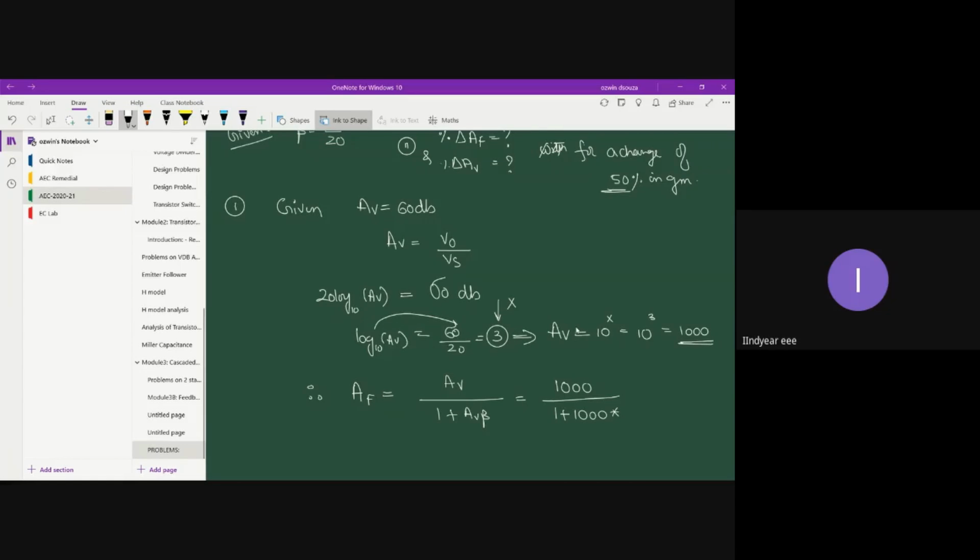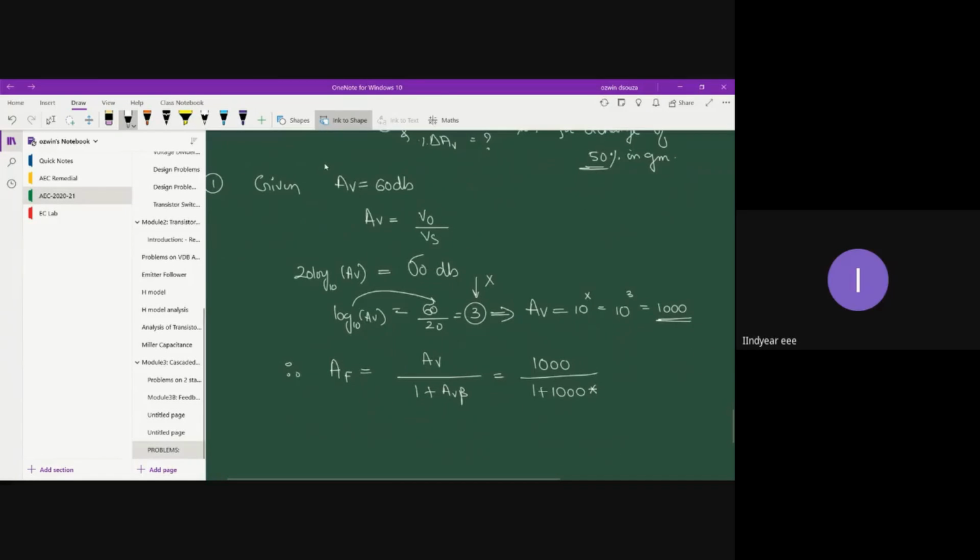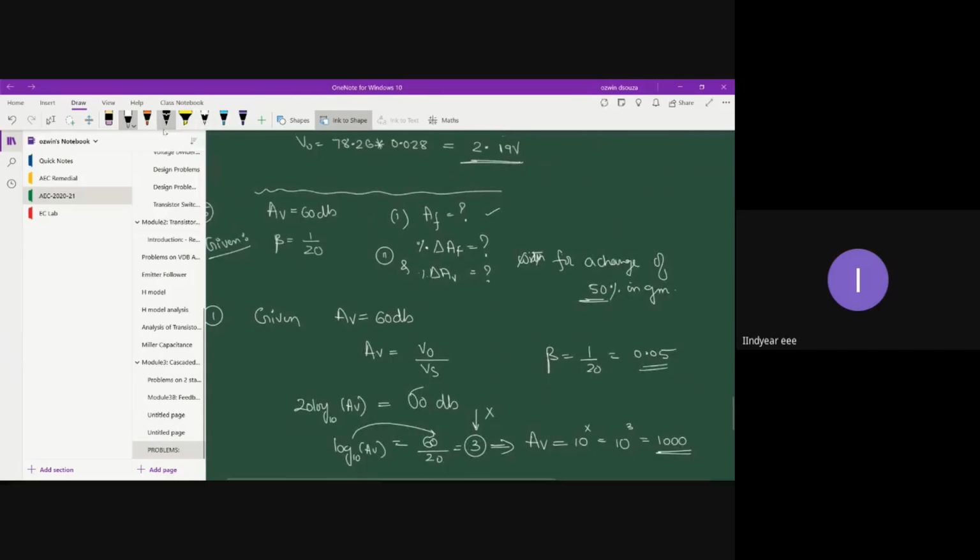Beta is 1 by 20, right? 1/20th they have given. 1 by 20 is nothing but 0.05. So that gives the closed loop gain of 19.6. So that's your part 1 done.